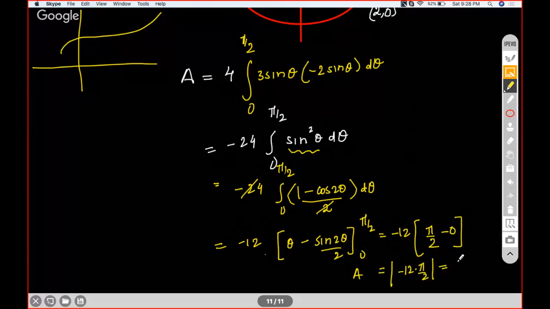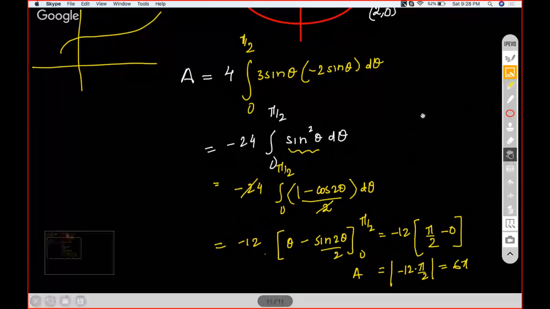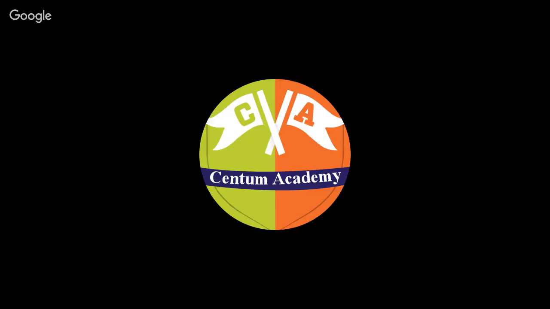Now, can you tell me why I have to take mod in this case? The reason I have to take mod in this case is because I had to actually integrate from a higher value of x to a lower value of x. Now this problem came because I had to integrate from pi by 2 to 0, right? See, I have to go in this direction for my dx to be positive, right?